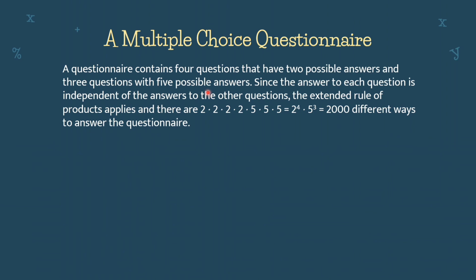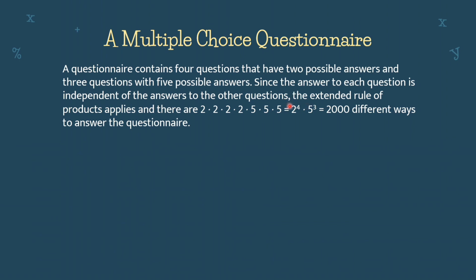So, applicable yung ating rule of product. Di ba meron tayong 2 possible answers sa ating 4 na questions. So, ito yun: 2 times 2 times 2 times 2. And then yung pangalawa, which is 3 questions with 5 possible answers. So, 5 times 5 times 5.